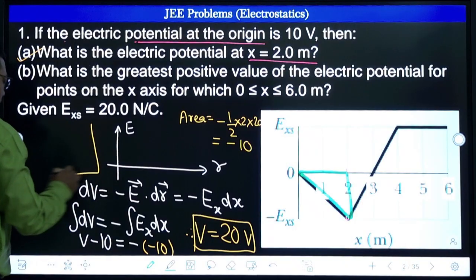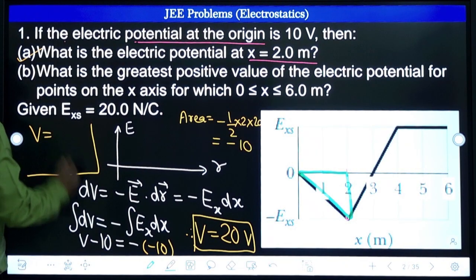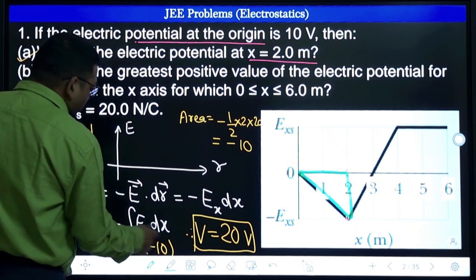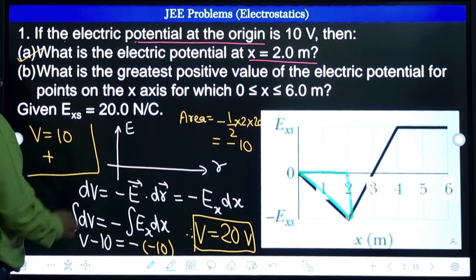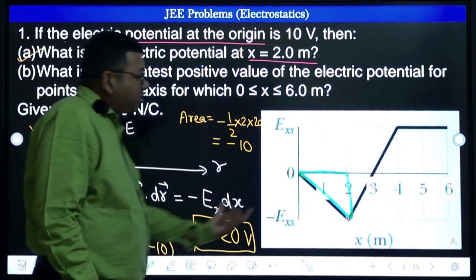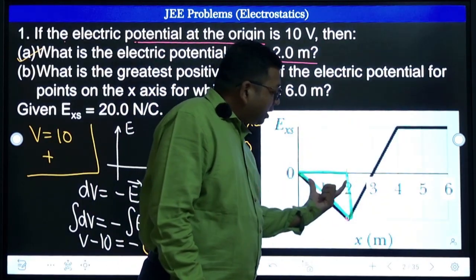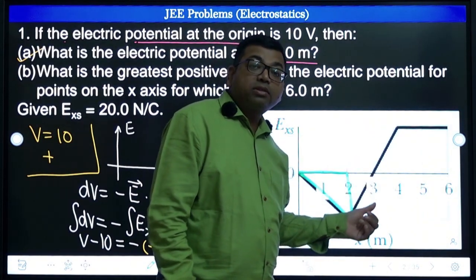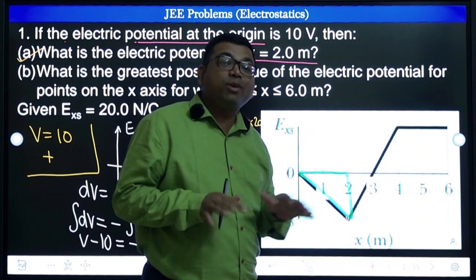So the minus comes because of the negative area. A negative area makes the potential increase, but if the area becomes positive, then you have to subtract it. That is what you have to understand.